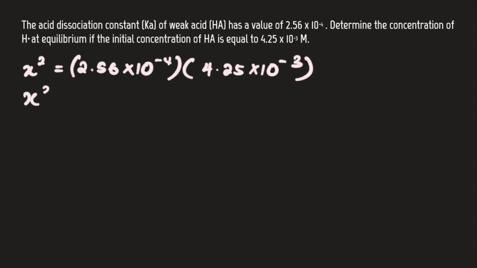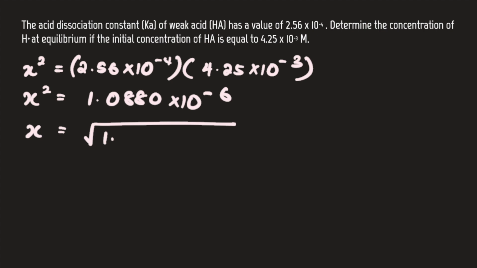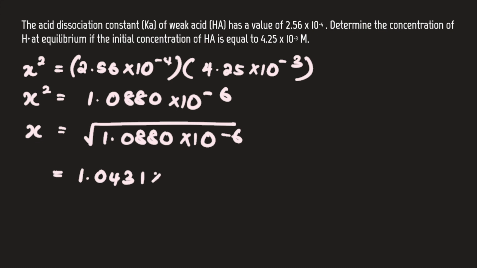So you will get your x squared is equivalent to 1.0880 times 10 to the power of negative 6. Therefore, your x is just the square root of this. So you will get the value of x is equivalent to 1.0431 times 10 to the power of negative 3.